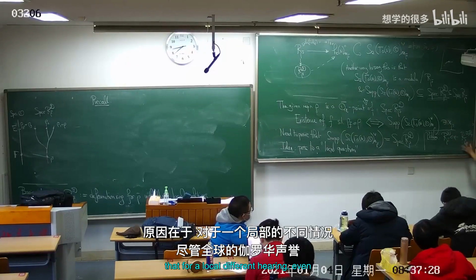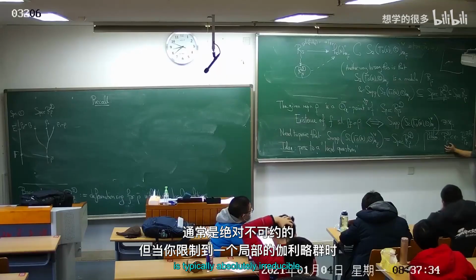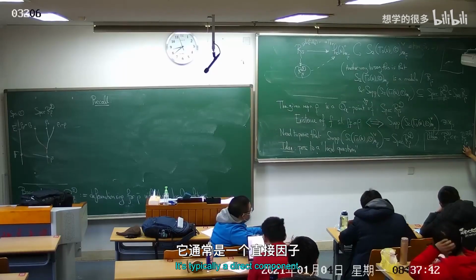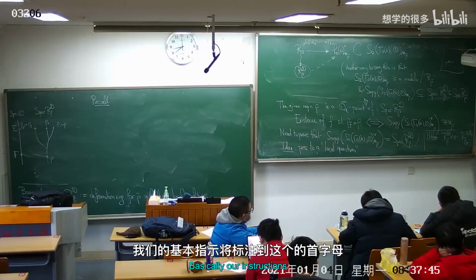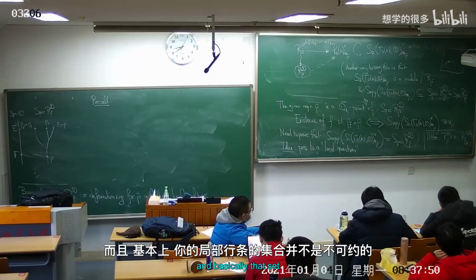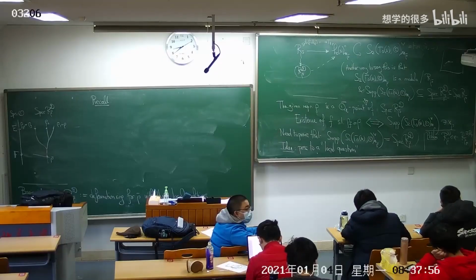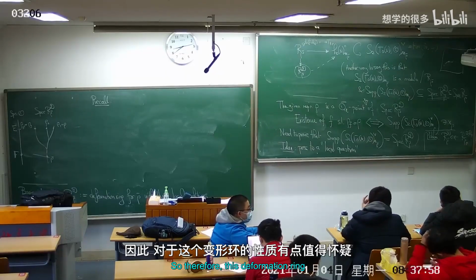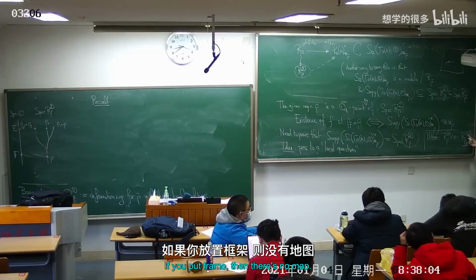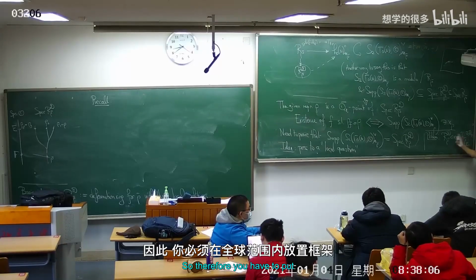The reason is that for a local deformation ring, even though the global Galois representation is typically absolutely irreducible, when you restrict to a local Galois group, it's typically reducible. Basically, our assumption is that rho bar restricted to the inertia subgroup is reducible, and that says your local rho bar is reducible, not irreducible. So this deformation ring is a little bit questionable. You have to put frame. But if you put frame, then there's no map between these two. So you have to put frame on the global one. That's what we did earlier.